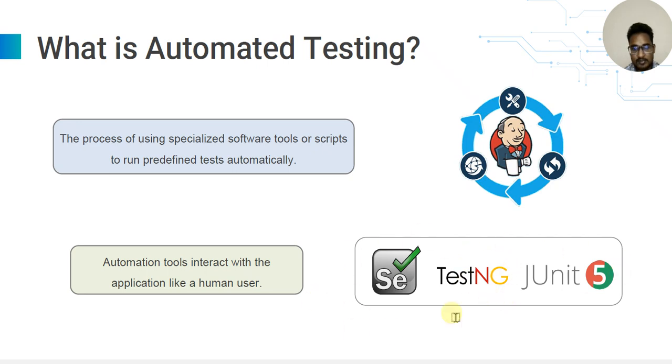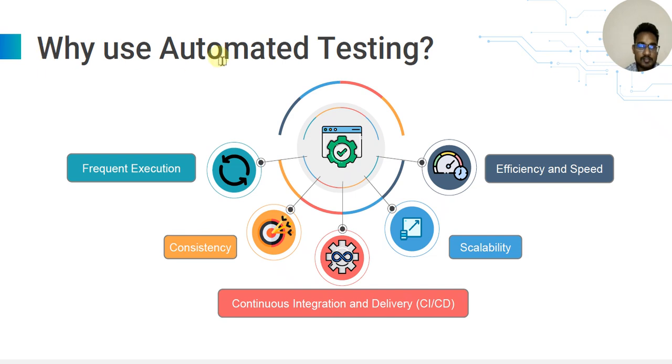Jenkins is the monitoring tool. Next, why use automated testing? Frequent execution, consistency, continuous integration and continuous delivery, CI/CD, scalability, efficiency and speed. So this is why we use automated testing.